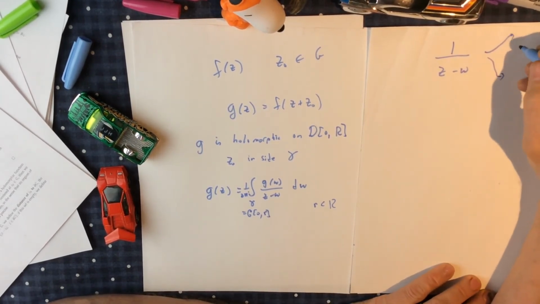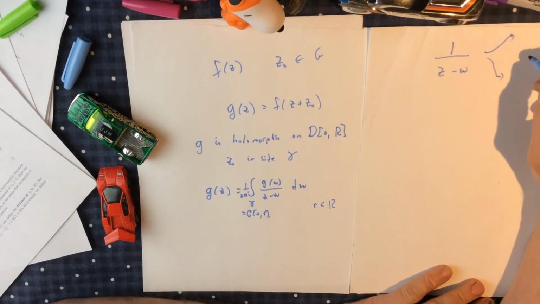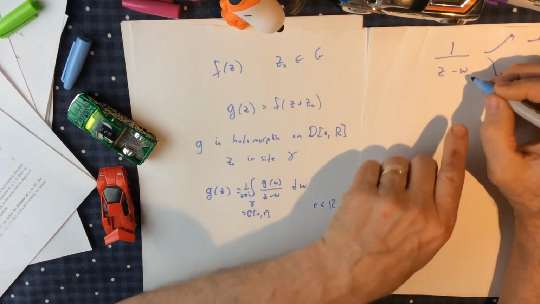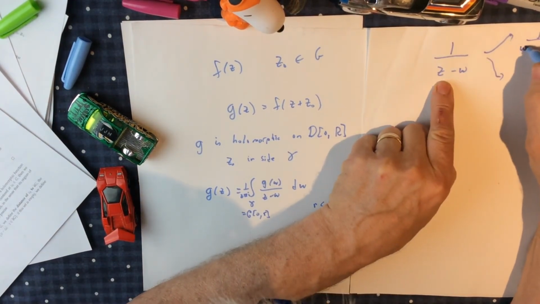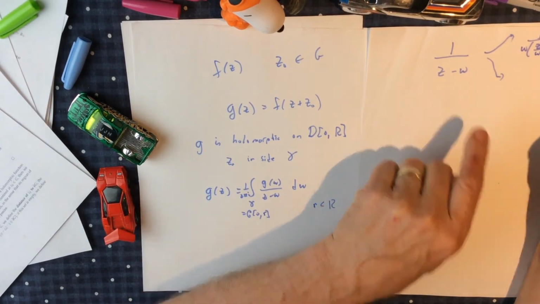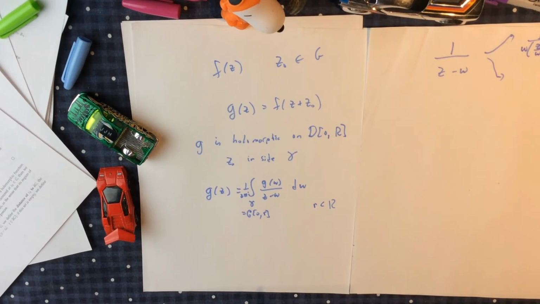Let me just show you the trick. So first off, if I divide by w here, I can make this read 1 and factor out w, so pull out w and I have z over w minus 1. That's our first trick that we can use.